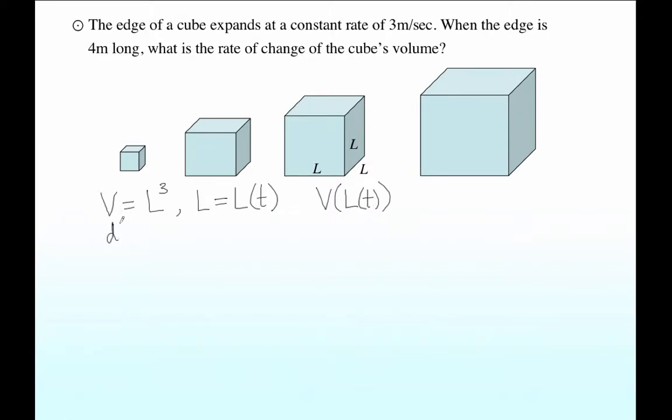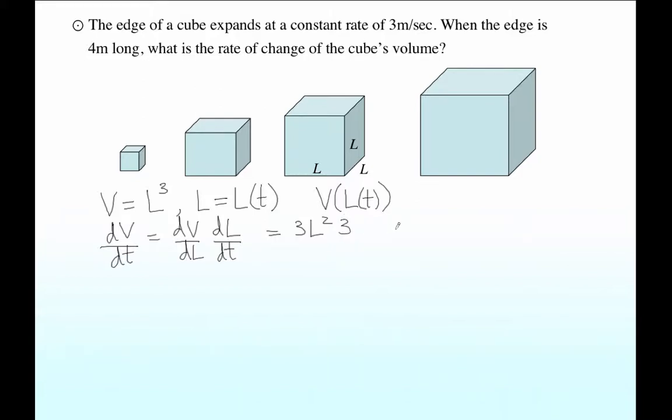It is the chain rule that tells us that dV by dt is dV by dL. So you differentiate with respect to the function L, and then you differentiate that function L with respect to its argument t. dV by dL is of course 3L squared, and dL by dt for this particular case is 3 meters per second.